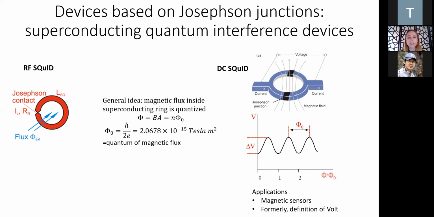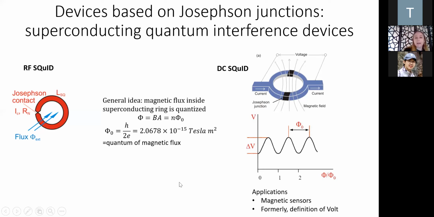Although flux is not in units of energy, it can be made into units of energy with proper multiplication of constants and geometric factors. And this small energy scale is essentially the reason why quantum computers need to be cooled down to dilution fridge temperatures, even though the superconducting transition temperature might be 1 Kelvin or 3 Kelvin or 7 Kelvin.